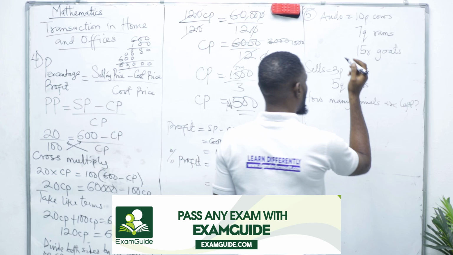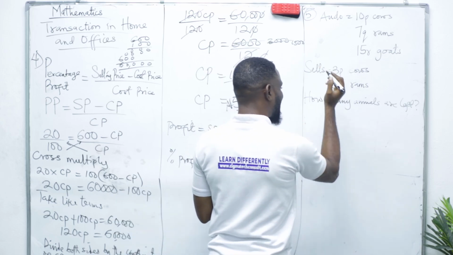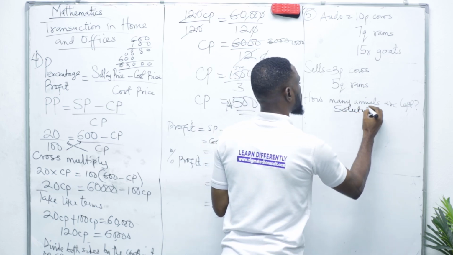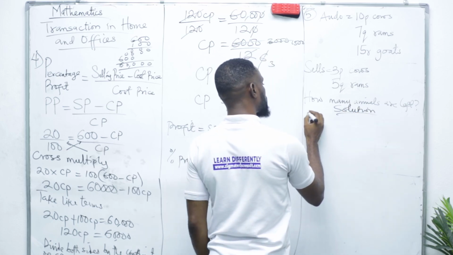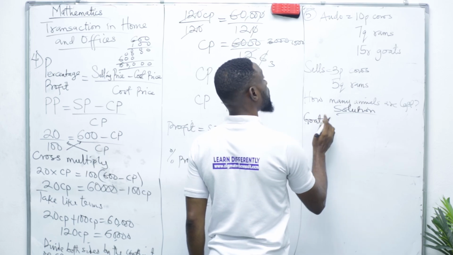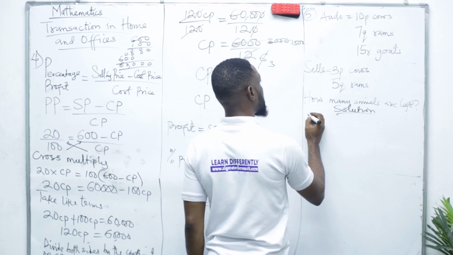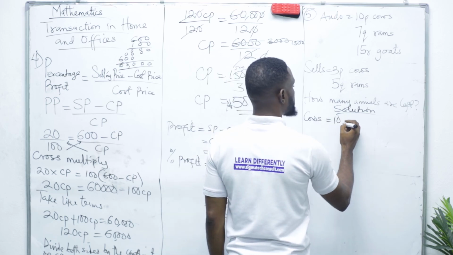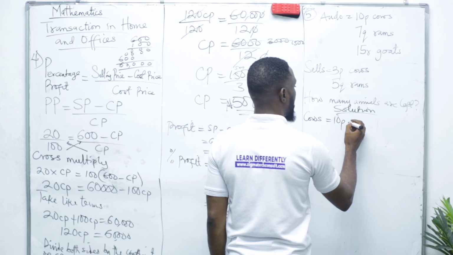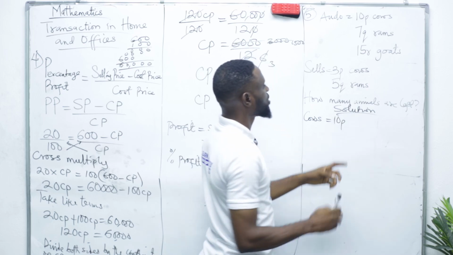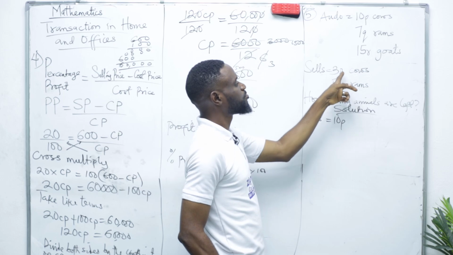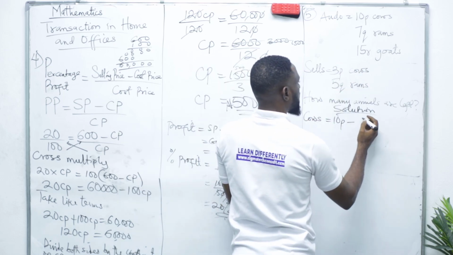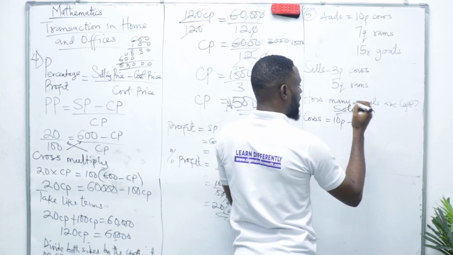So remember, this man had three kinds of animals. So the solution: let's start from cows, the first one they said. He had 10p cows, and he sold 3p cows, so he sold minus 3p cows.